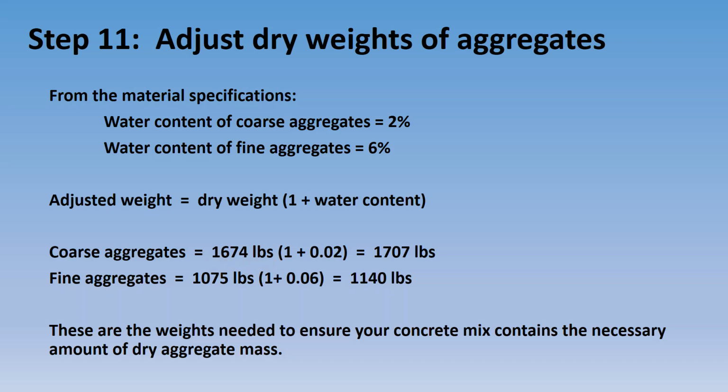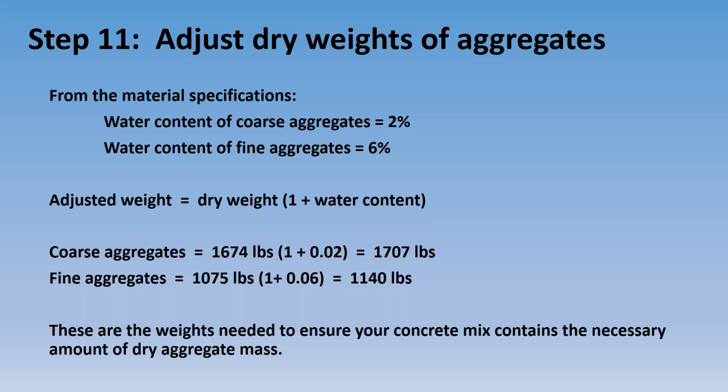such that when we weigh out wet rocks, we know we're going to be receiving 1,674 pounds of mineral particle in that mass. So the calculation is the adjusted weight is equal to the dry weight needed times 1 plus the current water content.